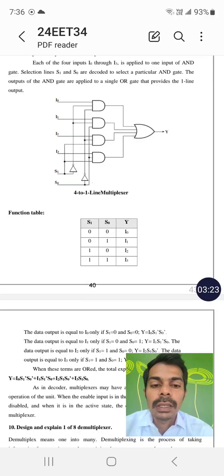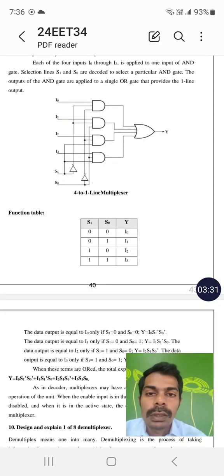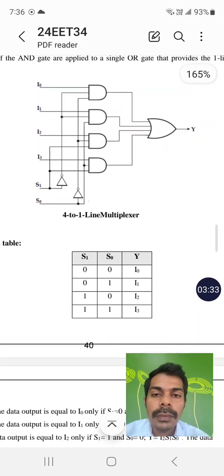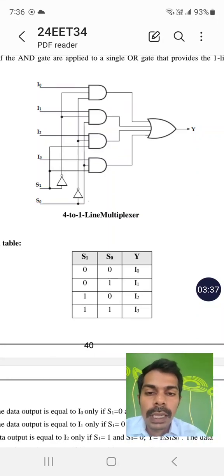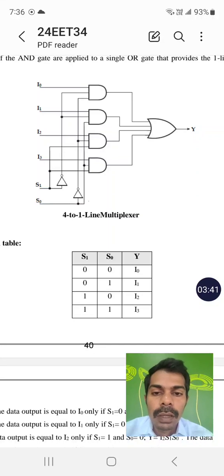Okay, we will see the inputs, one example specifically for one input line. When I0, look into this I0, we are giving I0 as 0. See the selection line 0, 0, which means you are giving the selection line input as 0, 0.